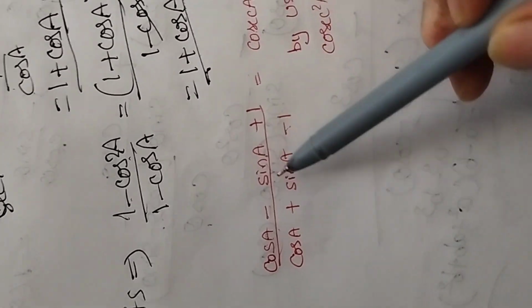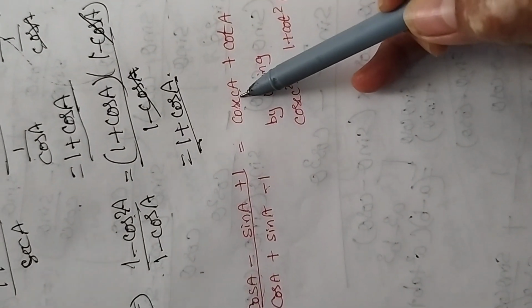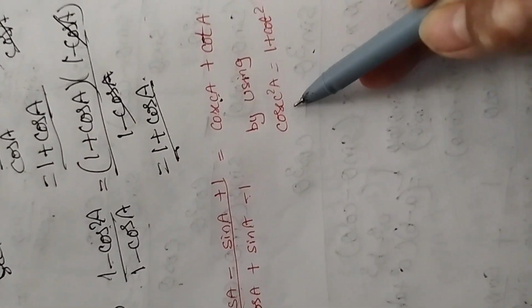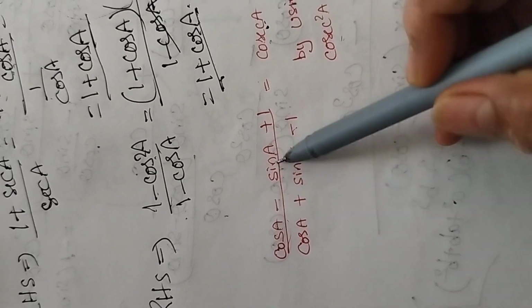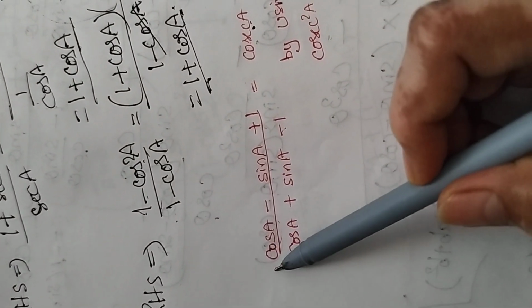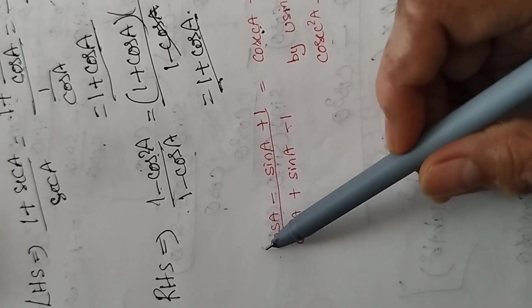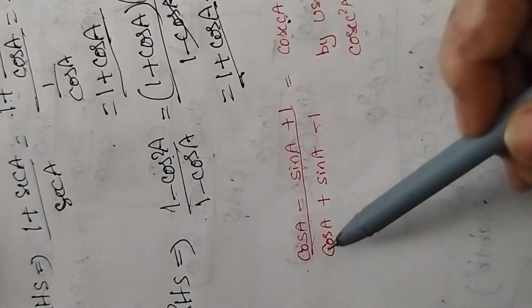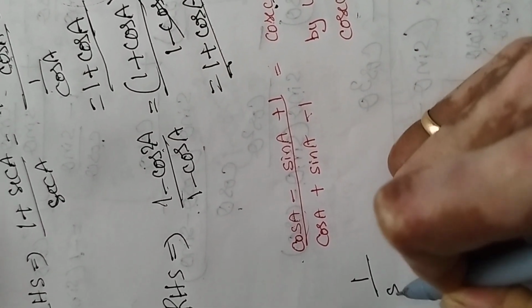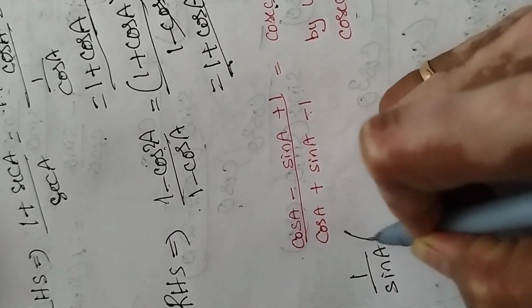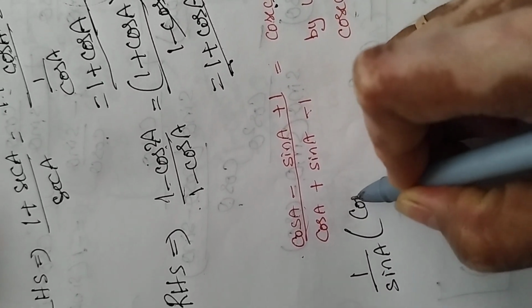Next, coming to this sum, we should prove cosecant A plus cot A, by using this identity. So what should we do first? Both numerator and denominator I am multiplying with 1 by sin A, 1 by sin A into this full.